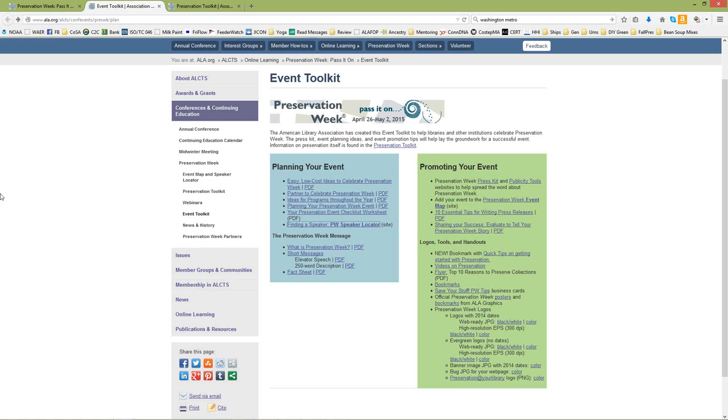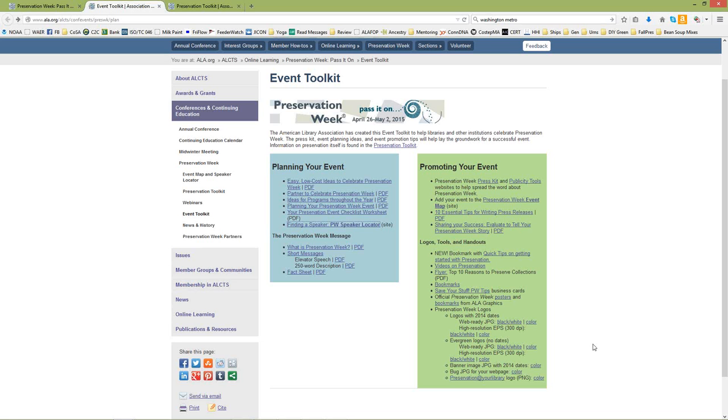And then we have a question about small libraries and archives. Because preservation work in small organizations usually has a very small staff, probably small to none, I'm slightly rephrasing this, how can I encourage other staff who are not necessarily in preservation to take part in and support Preservation Week?